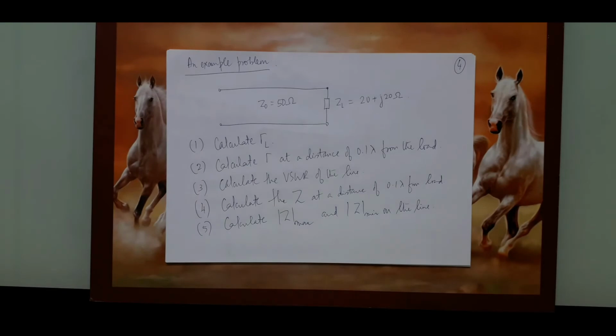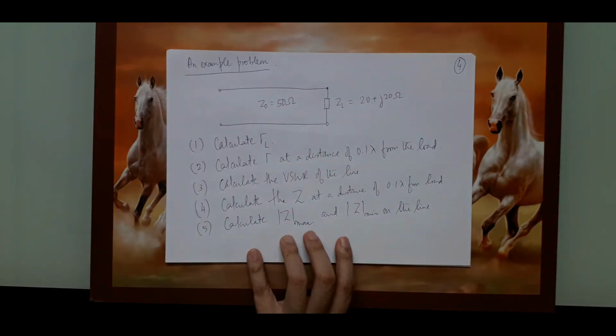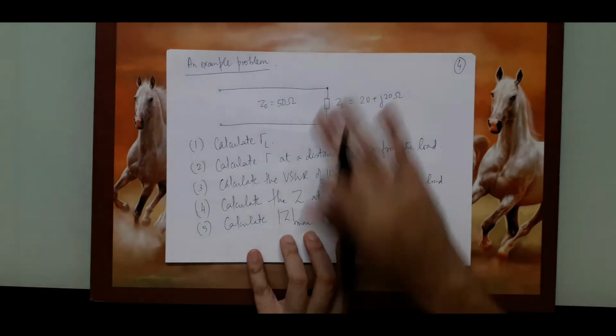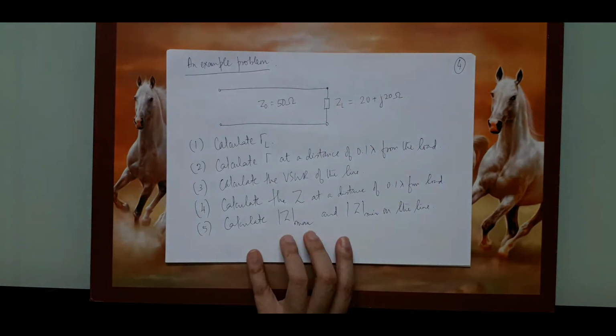Let's do this very simple example. First part, gamma L. Gamma L means the load reflection coefficient. Analytically, it is ZL minus Z0 divided by ZL plus Z0. You can do that, or if you want to use the Smith chart, let us see how to do it.